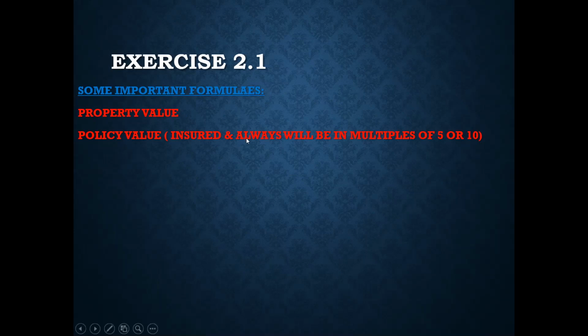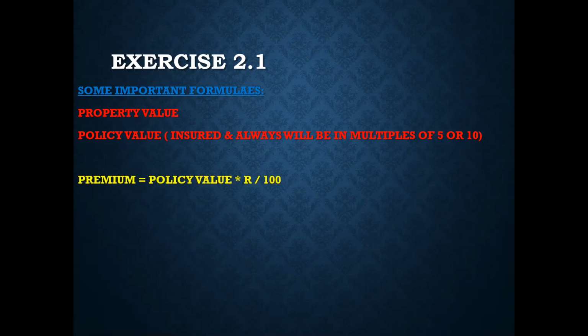Also, in order to identify the percent, the rate of policy value, keep in mind that it will always be in multiples of 5 or 10. Example, 10, 15, 20, 25, 30, 35 and so on, or 10, 20, 30, 40, 70, 80, 90, like this. So whenever you see big percentage numbers, that big percentage numbers highlights that it is policy value.